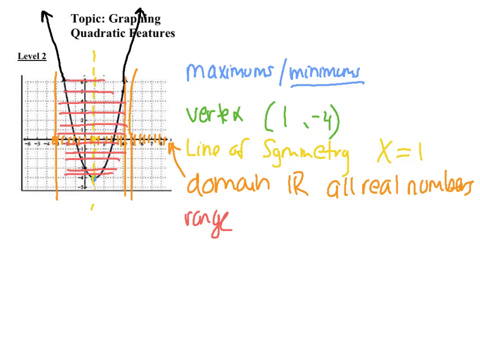Well, look what happens right here on this last line. If I go one lower, I'm not going to hit the graph anymore. And that stops at -4. So that means the range, all those red lines, is greater than -4, as well as equal to. And because we're talking about range, I need to use my y.